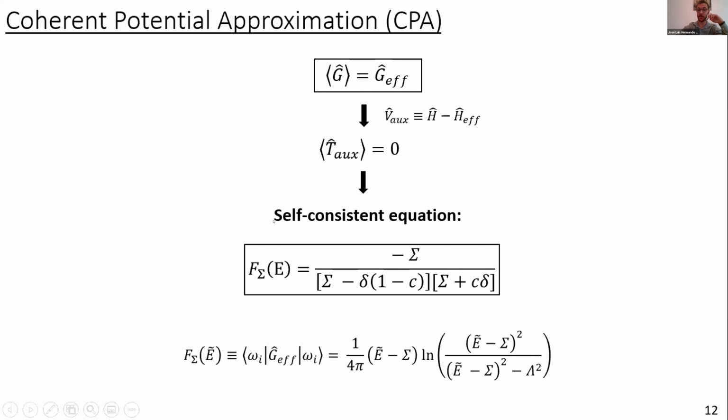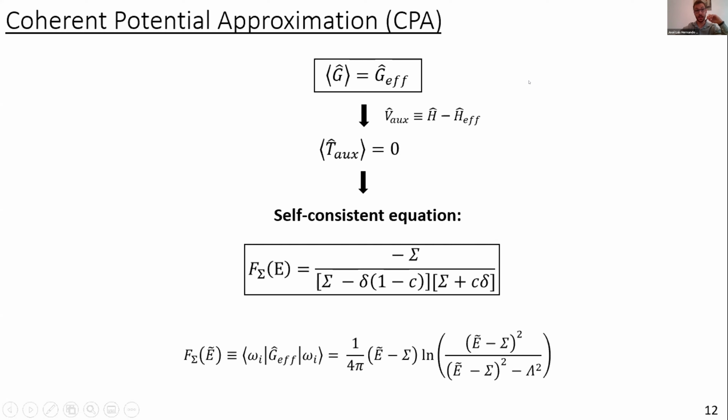In this self-consistent equation, I would like to remark that a symmetry appears, which consists of changing delta by minus delta, and also the concentration by its complement. This is one minus the concentration. Well, this has some consequences in the solutions and also in the local density of states.